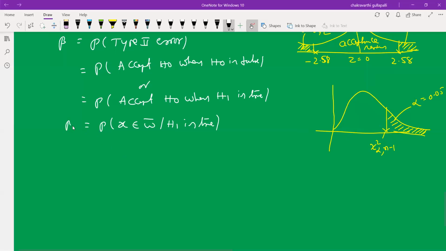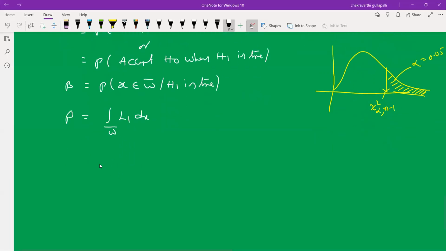There is beta: the multiple integral of W bar L1 dx. L1 is the likelihood function under H1 is true. Based on H1, we prepared the likelihood function. So 1 minus beta is also called the power of the test.